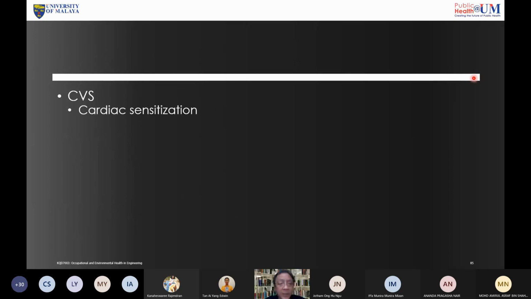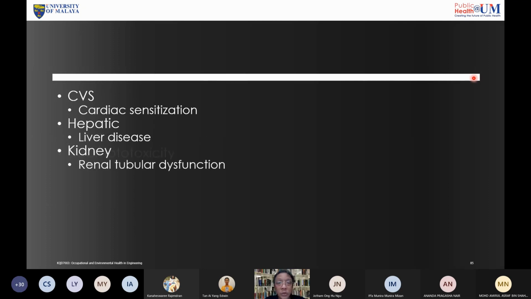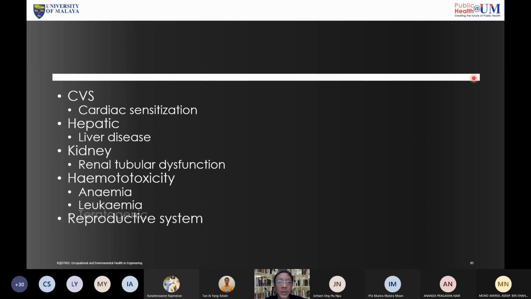Cardiovascular system: cardiac sensitization, it can cause cardiac failure. Hepatic: liver disease. Kidney: renal failure, renal tubular dysfunction. Hemotoxicity: you can get anemia, leukemia. Anemia basically is a decrease in red blood cells. Leukemia is the decrease in your white blood cells, or anything to do with white blood cell deformity or decrease, so we call it leukemia.